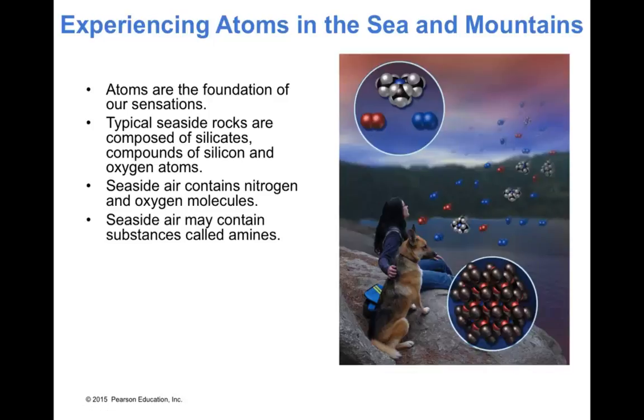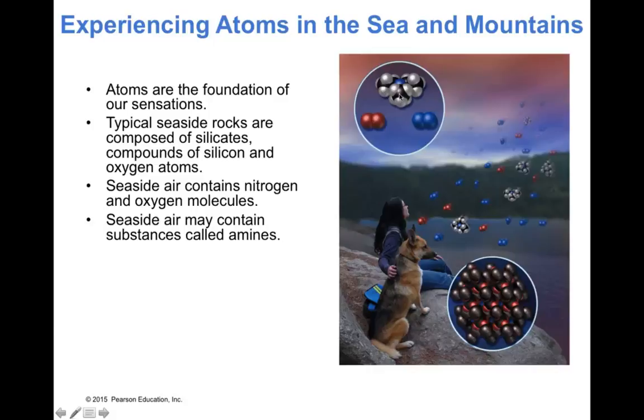Also, seaside air may contain substances called amines. The amines are chemical compounds that contain at least one nitrogen in combination with hydrogen and carbon. And basically this is the representation of one amine. We can see here one nitrogen in blue, and the black spheres represent carbons while the white ones represent hydrogen.